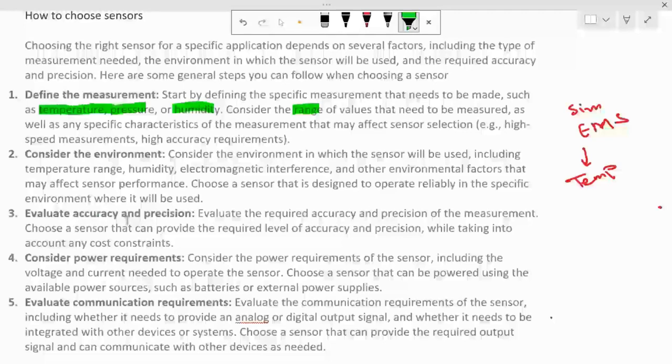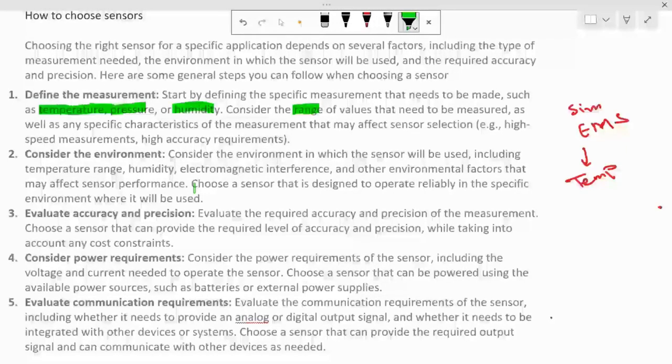Evaluate accuracy and precision. Evaluate the required accuracy and precision of measurement. Choose a sensor that can provide the required level of accuracy and precision while taking into account any cost constraints. So again, let's take an example. If you are making a normal temperature sensor or normal environment monitoring system for your room, then it won't require very high precision and accuracy.